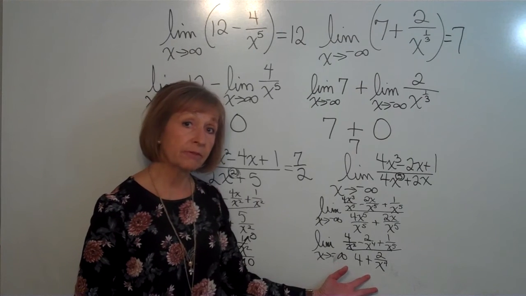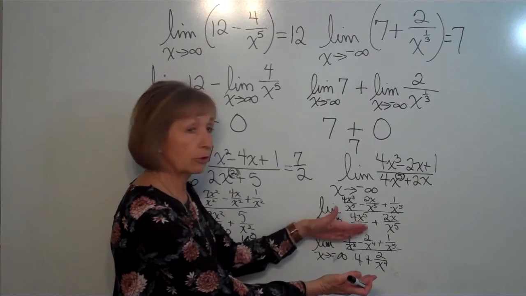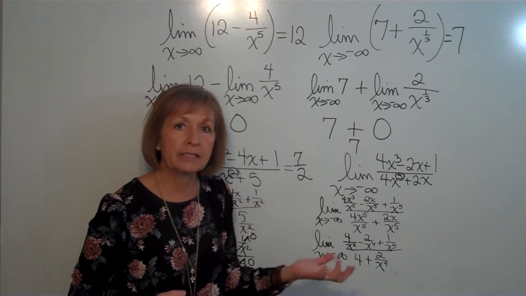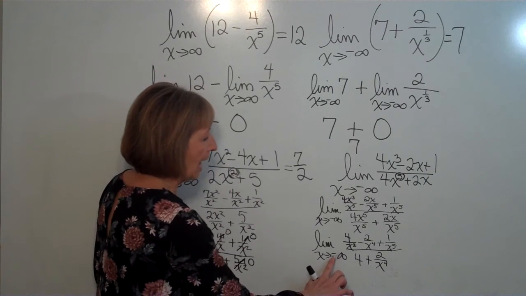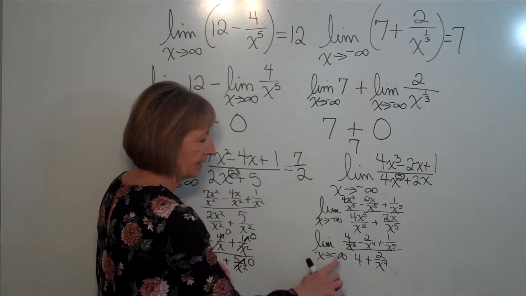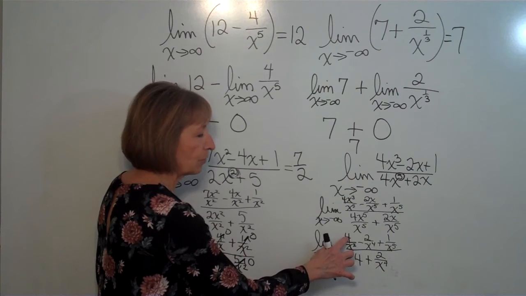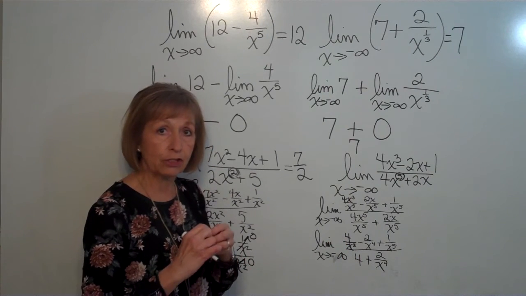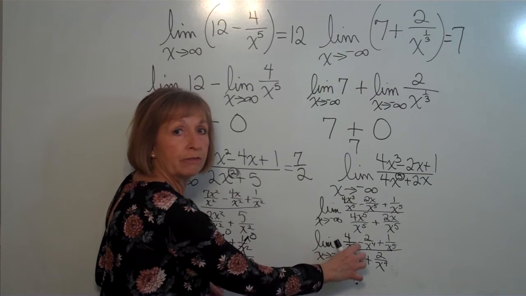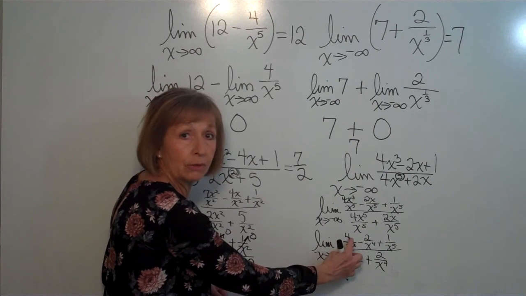Now once I have that all simplified, I can use my properties of limits. The limit of a quotient is the quotient of the limits, and the limit of a sum or difference is the sum or difference of the limits. So as x approaches negative infinity, all of these are defined, but a real number 4 divided by x squared, so the numerator stays fixed and the denominator gets huge in that fraction, so you have a fixed numerator divided by a real increasingly large denominator, that fraction value goes to 0.